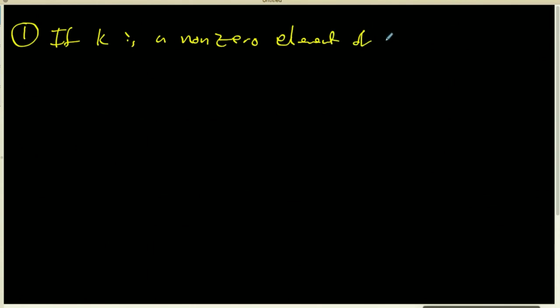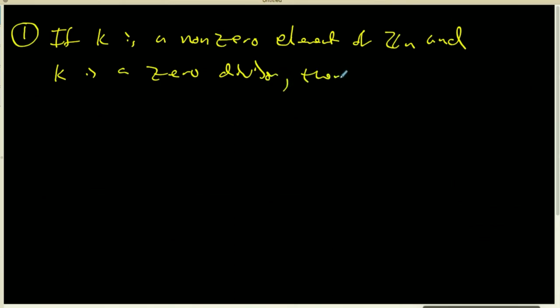Now, if we put the two results together, we have the following interesting facts. From the first part of the video, we have: if k is a non-zero element of Zn and k is a 0 divisor, then the GCD of n and k is not equal to 1.